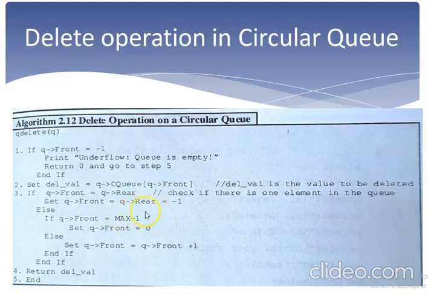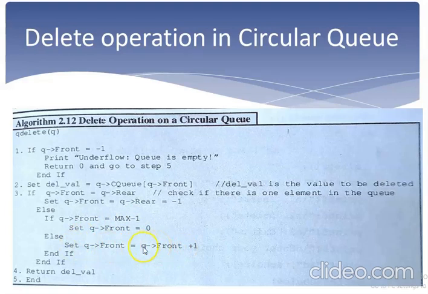Unfortunately, that next location is invalid as per our definition. So we have to take this pointer back to 0. So if q front is max -1, it has to be made 0. Otherwise, we can directly advance front by 1.